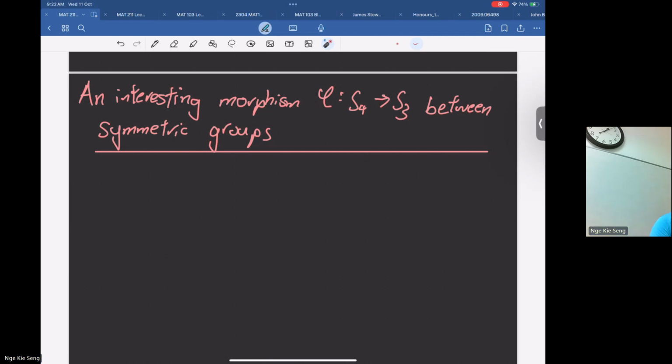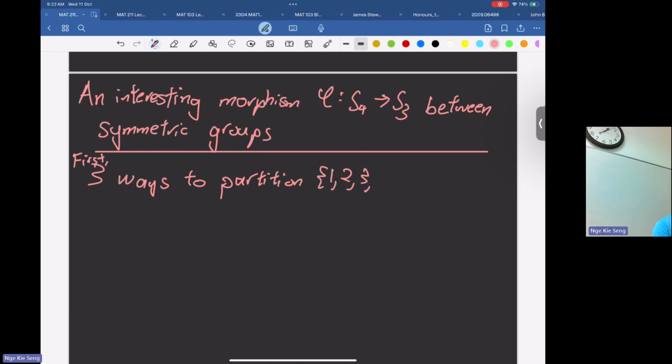So there are three ways. First of all, there are three ways to partition 1, 2, 3, 4 into pairs, into pairs of subsets of order 2.